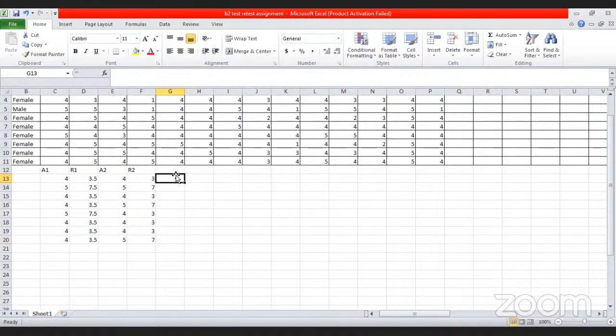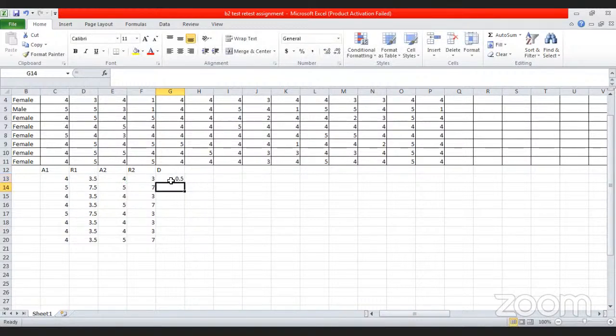Now we have to do the difference between them. That is D. So equal to, I will select this rank 1 minus I will select the rank 2. Enter, that is 0.5.